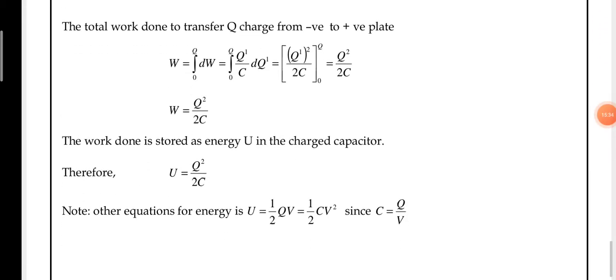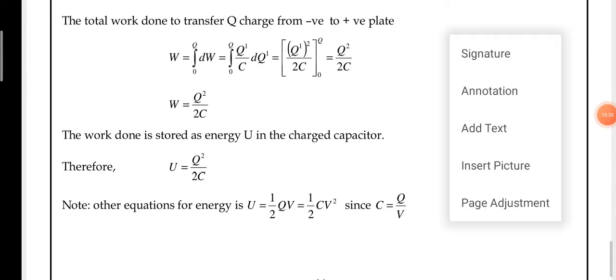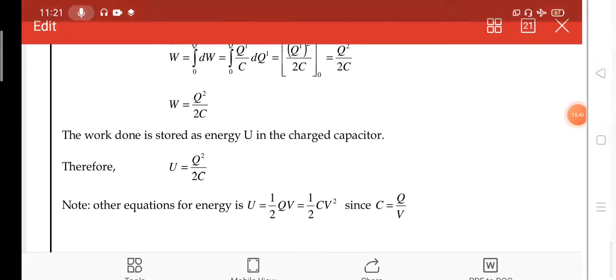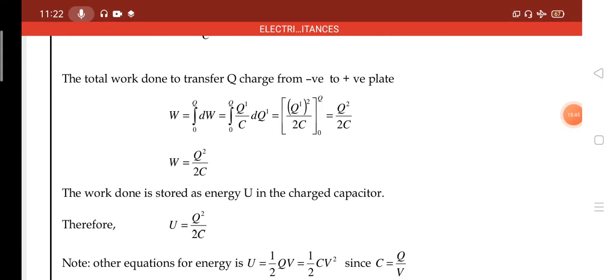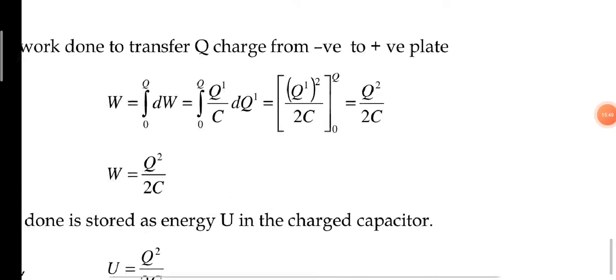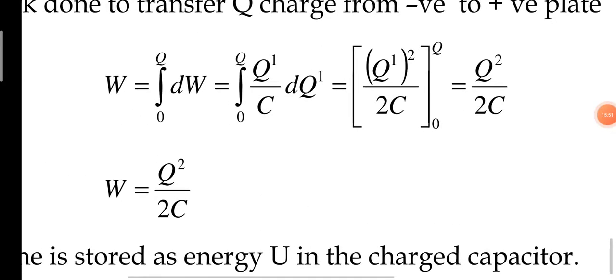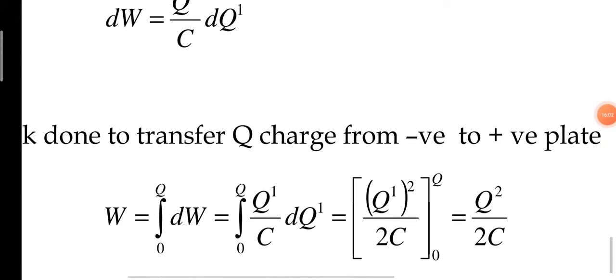So the total work done to transfer the charge Q from the negative plate to the positive plate is the integral. Initially, in the beginning, the charge is 0. After charging, the charge on the capacitor is Q. So we integrate from 0 to capital Q of dW, which is Q dash by C into dQ dash.